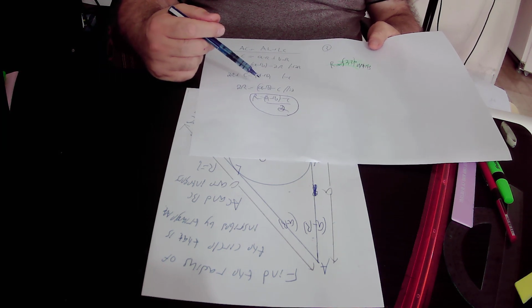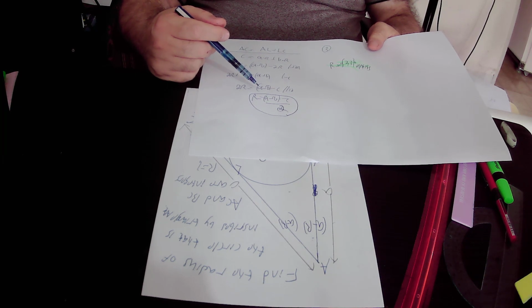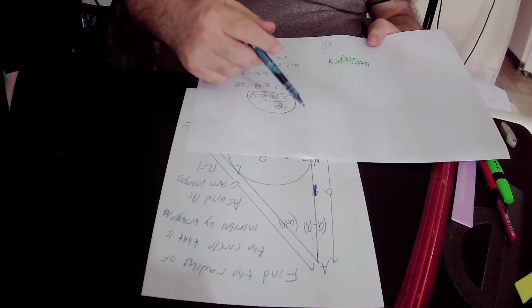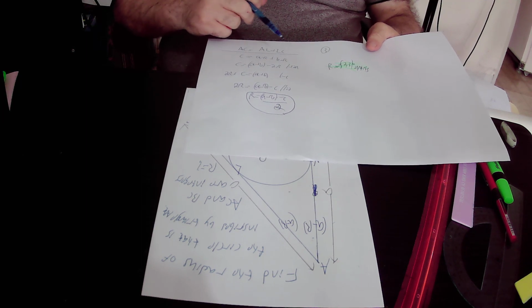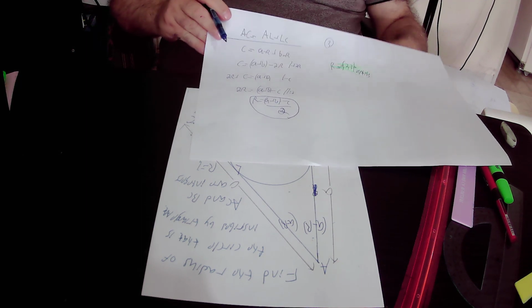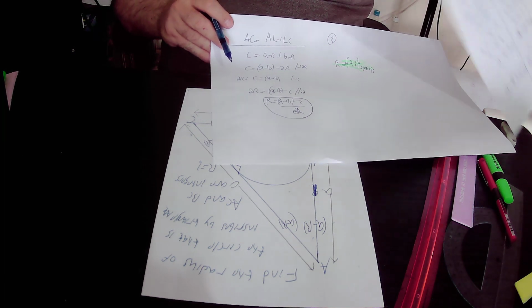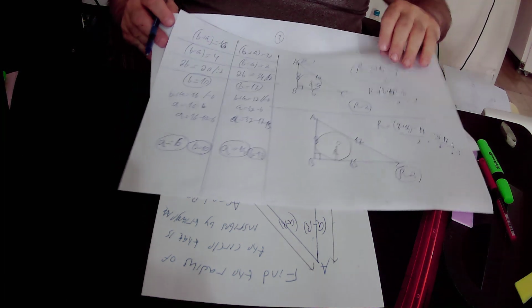Okay, so in any right triangle, this is a valid formula to find out the radius of the inscribed circle. Especially you can implement the new formula in our two right triangles that we have here.